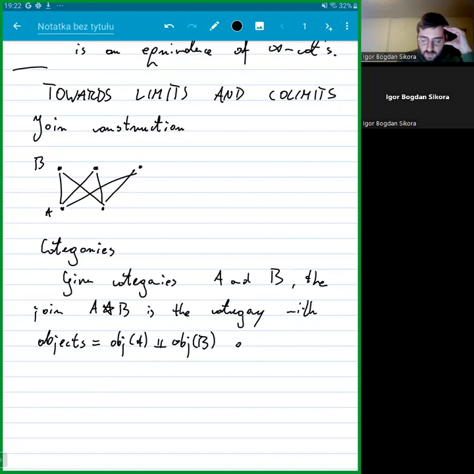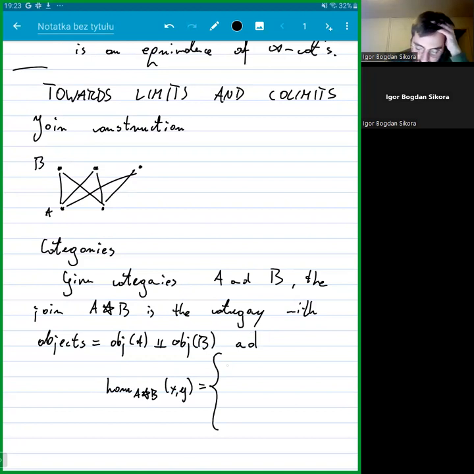If we have morphisms in the join between two objects X and Y, we have four possible cases.